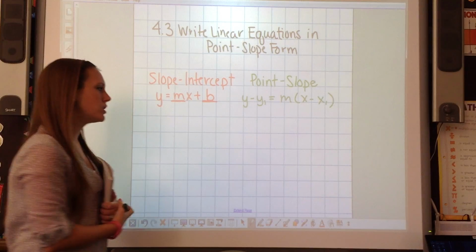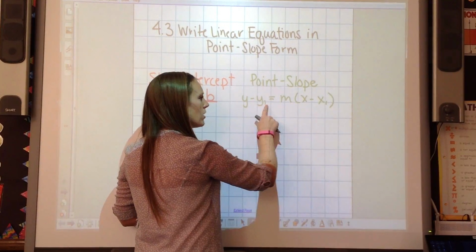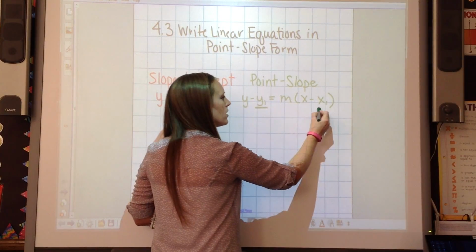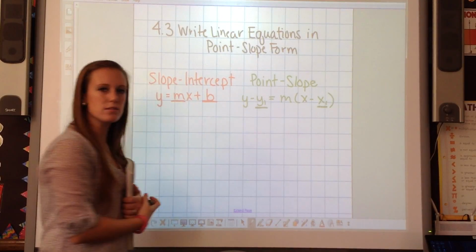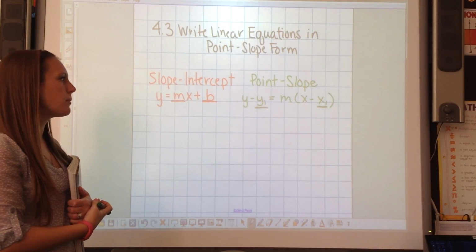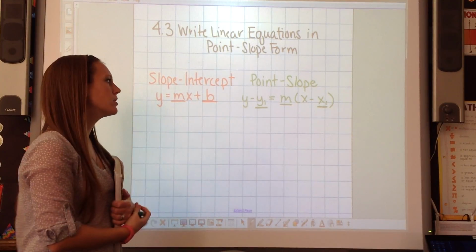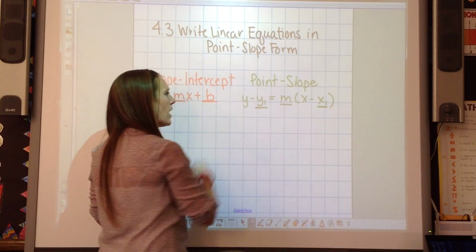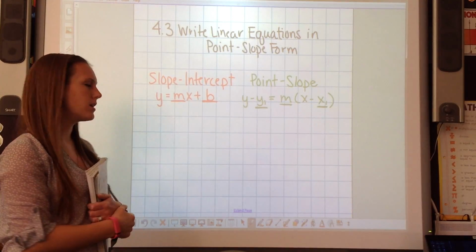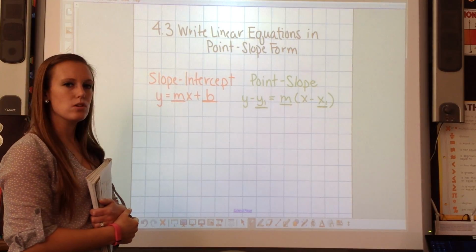In this equation, the x1 and the y1 are the ordered pair that's going to be replaced with numbers, and your slope is also going to be replaced with a number. This x and the y are going to stay x and y in your final equation.